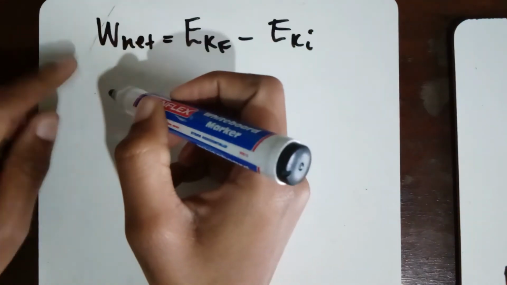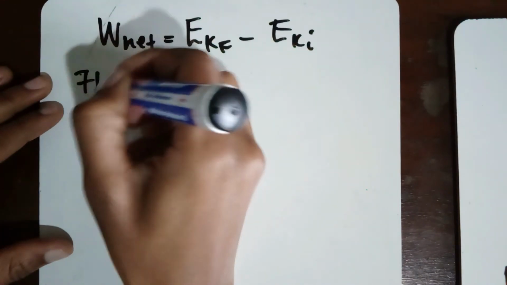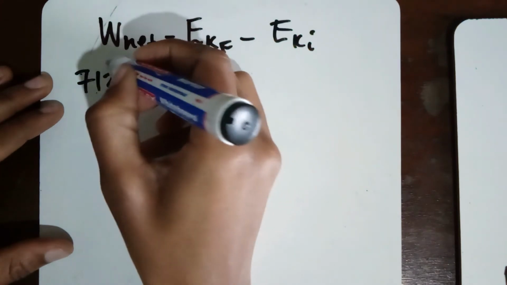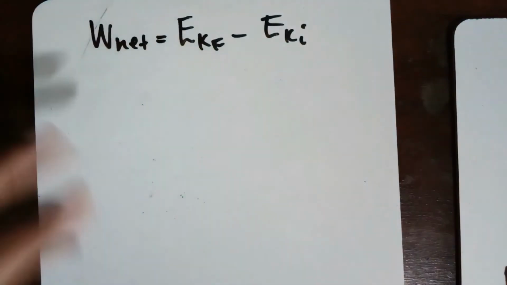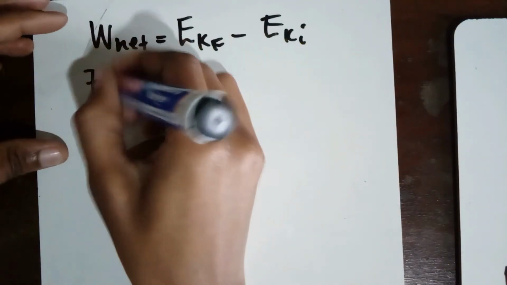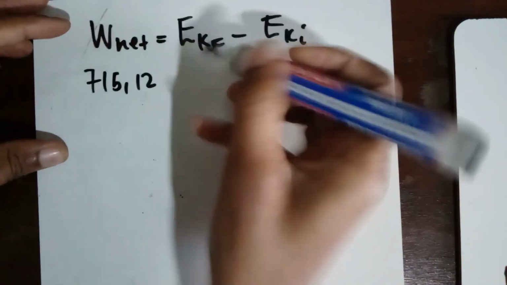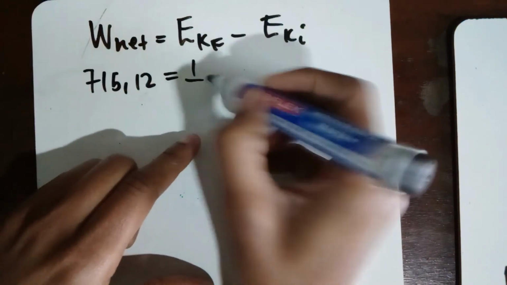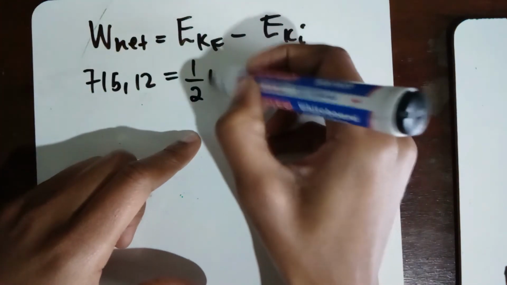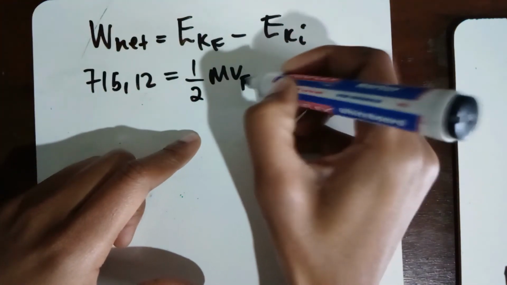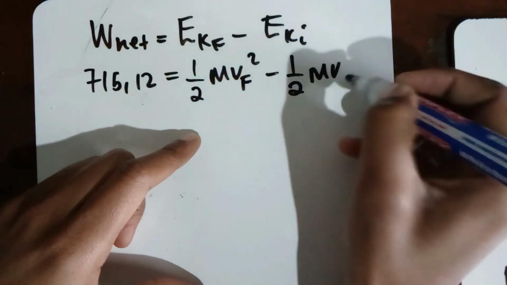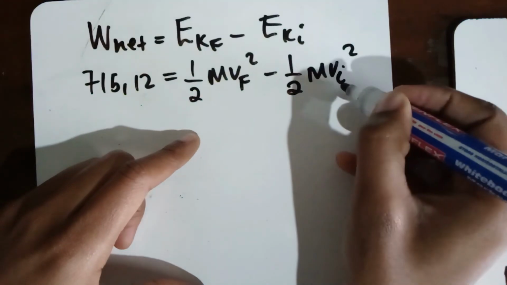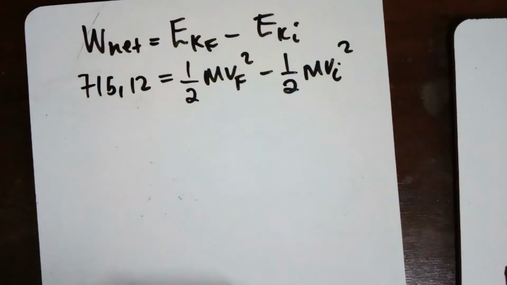We found W net to be 715.12 joules. And then we know the formula for kinetic energy: 1/2 m v final squared minus 1/2 m v initial squared. So final minus initial.